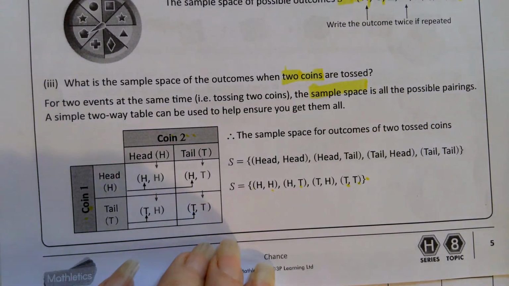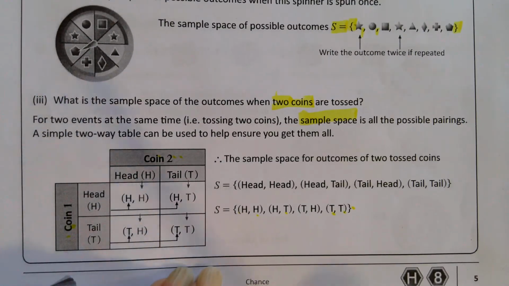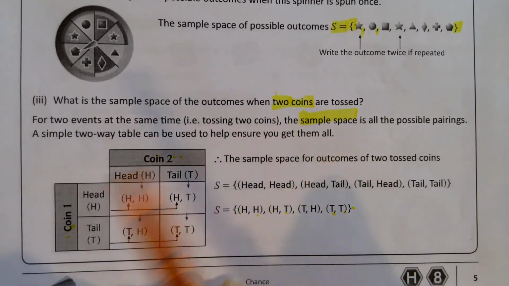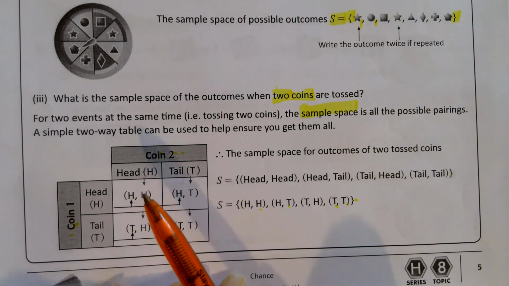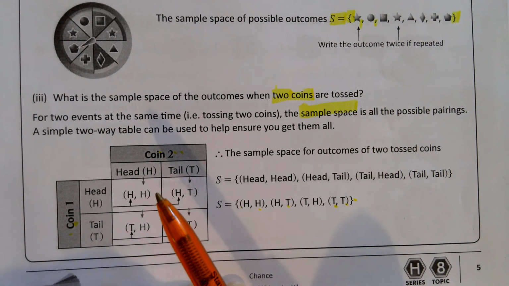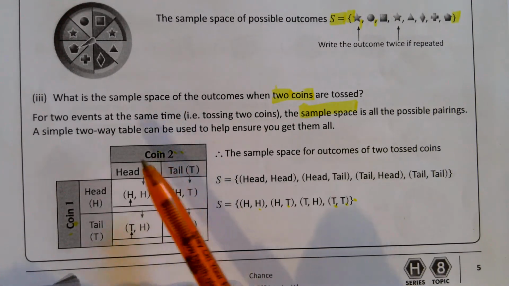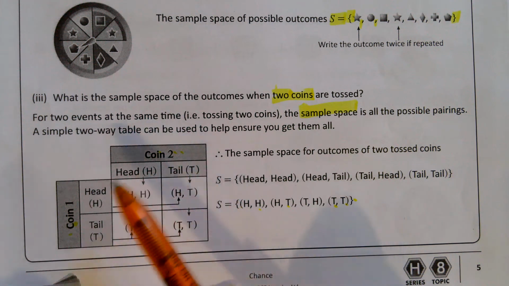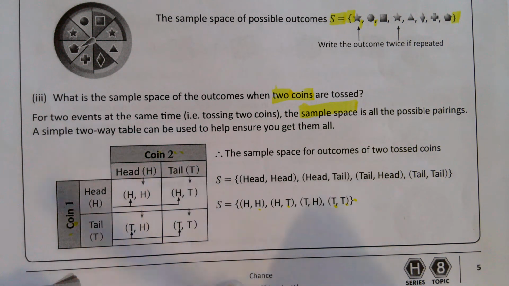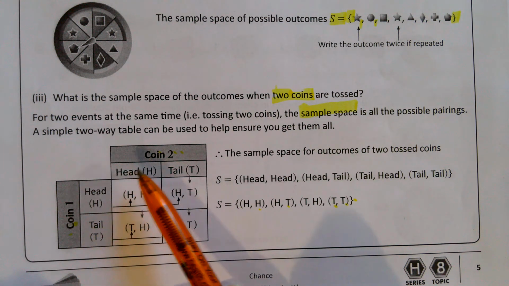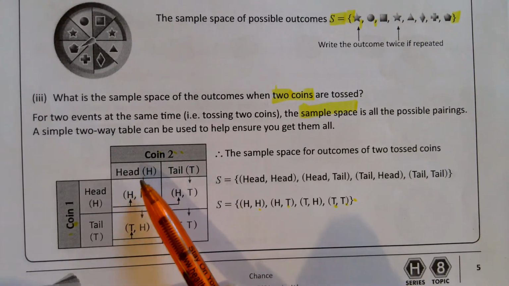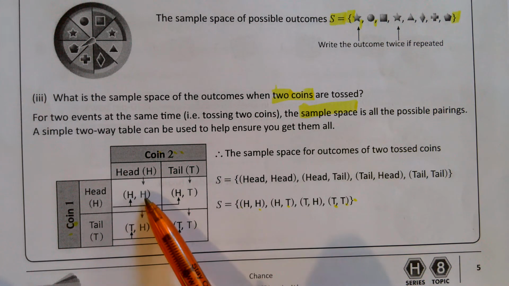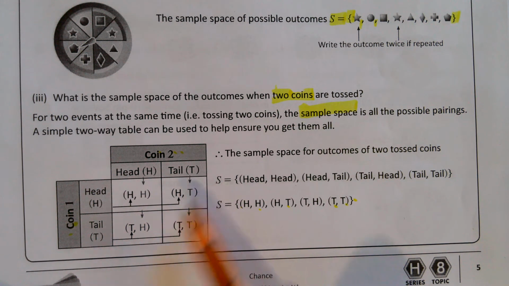And the last example, we're looking at 2 coins being tossed. So to help us to understand the sample space, we set up this two-way table here. So 1 coin and 2 coins. The only possible outcomes are heads and tails from either coin, and you might have a head first and then another head, or a head first and then a tail.